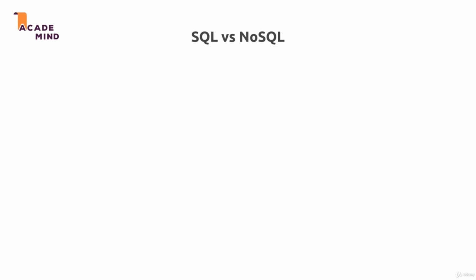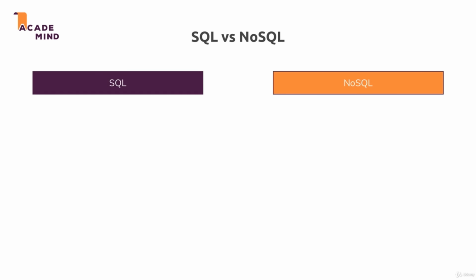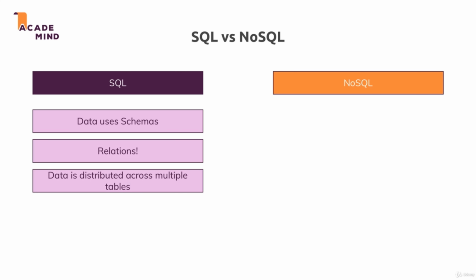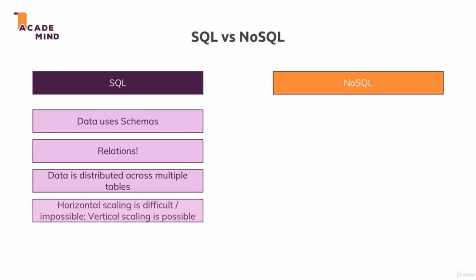Now let's compare SQL and NoSQL regarding that and in general. In general, in SQL, we use schemas. We also have relations. These are two core characteristics. And data is typically distributed across many tables, which are then connected through relations. Now regarding the scaling, it's important that horizontal scaling often is very difficult or even impossible due to the way SQL works.